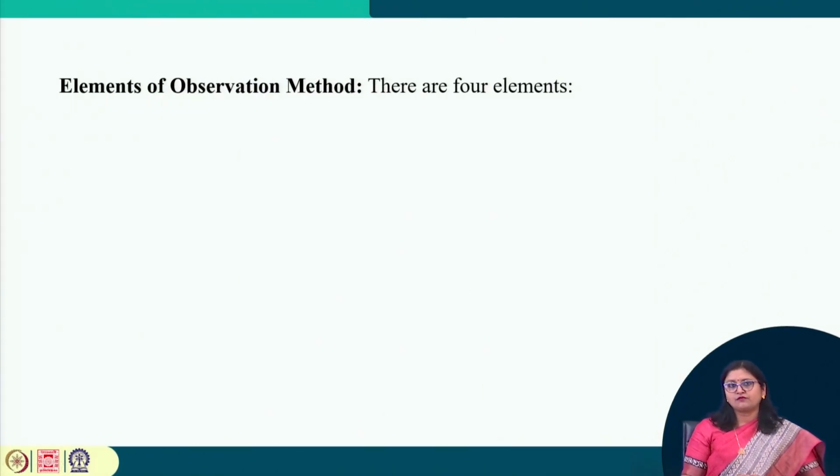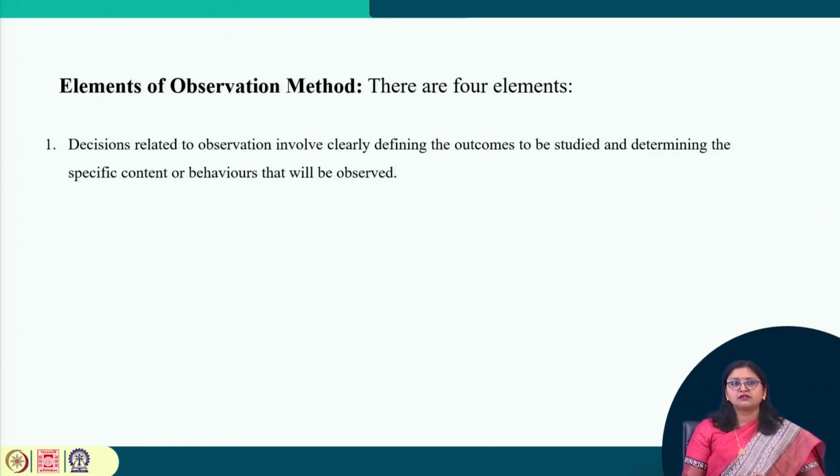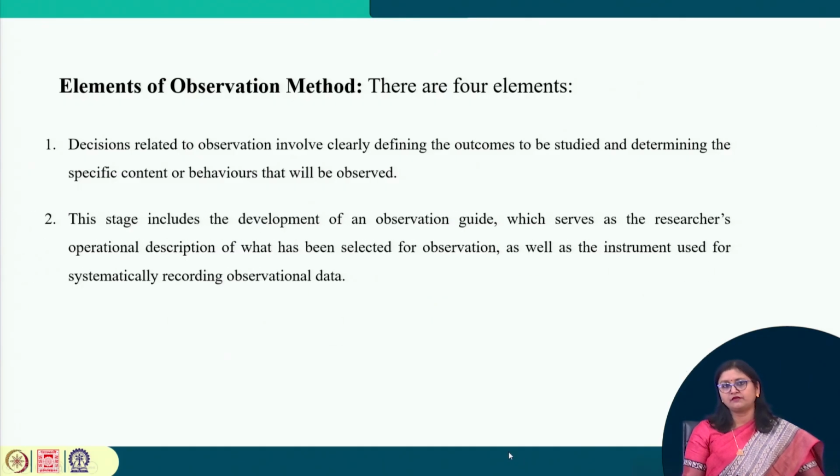The elements of the observation method: there are four main elements. The first one is decisions related to observation, which involve clearly defining the outcomes to be studied and determining the specific content or behavior that will be observed at the time of observation.